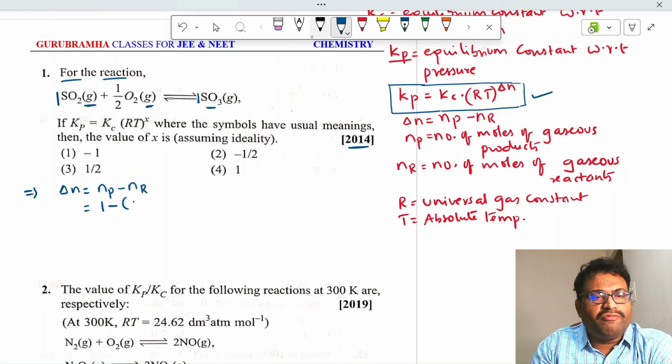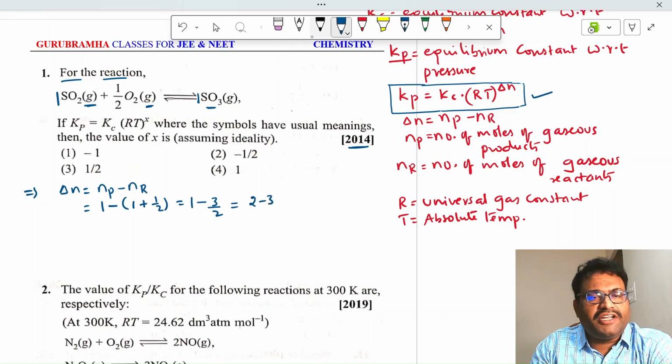So add them, 1 plus 1 by 2, that is 3 by 2. 1 minus 3 by 2, so 2 minus 3 by 2, that is equal to minus 1 by 2.